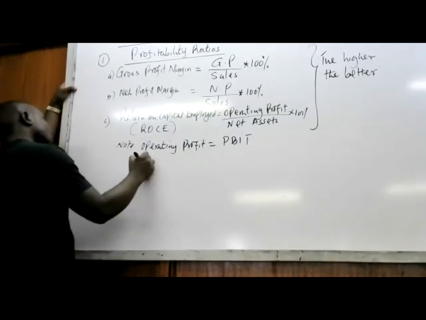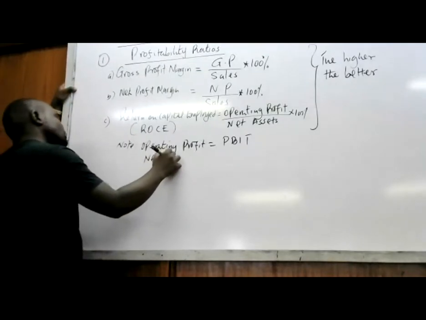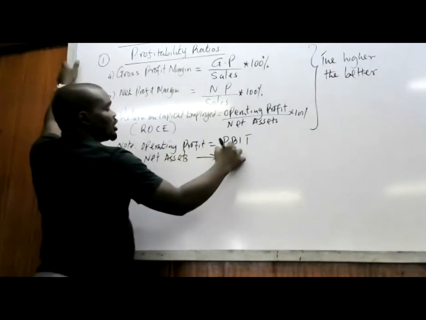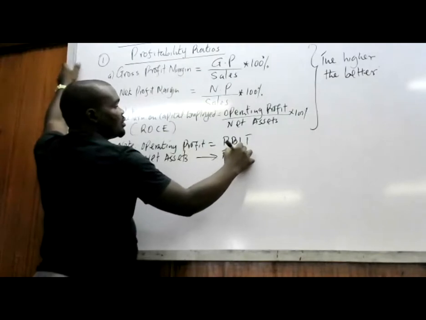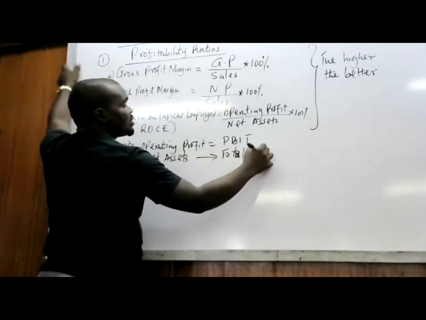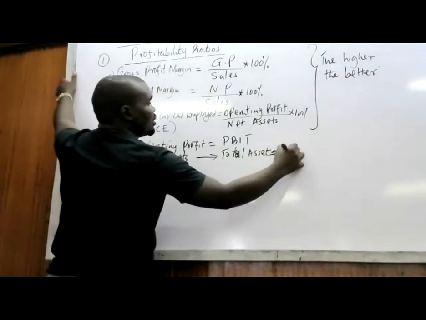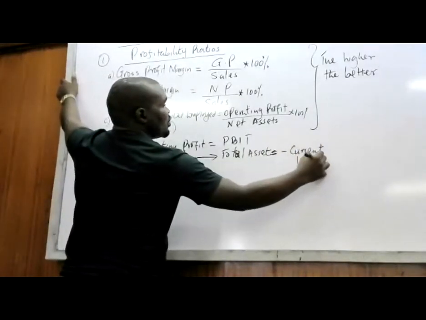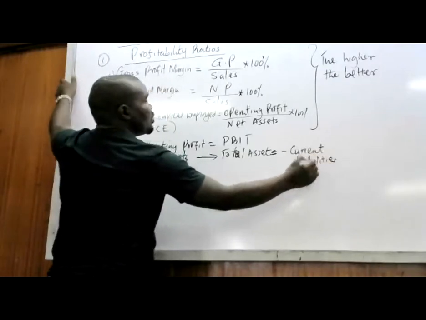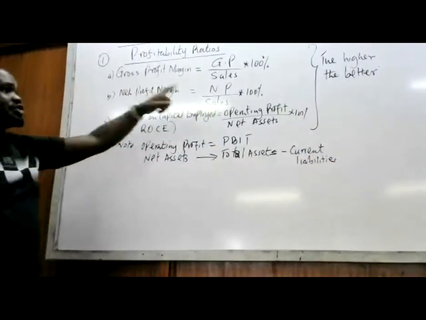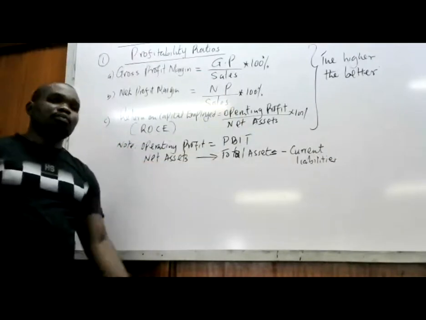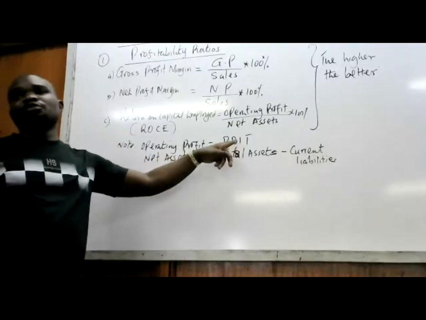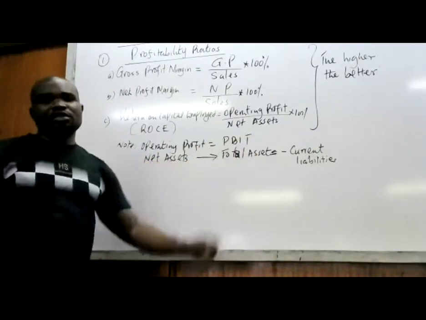Then net assets is equal to total assets, you subtract the current liabilities. PBIT stands for profit before interest and tax.